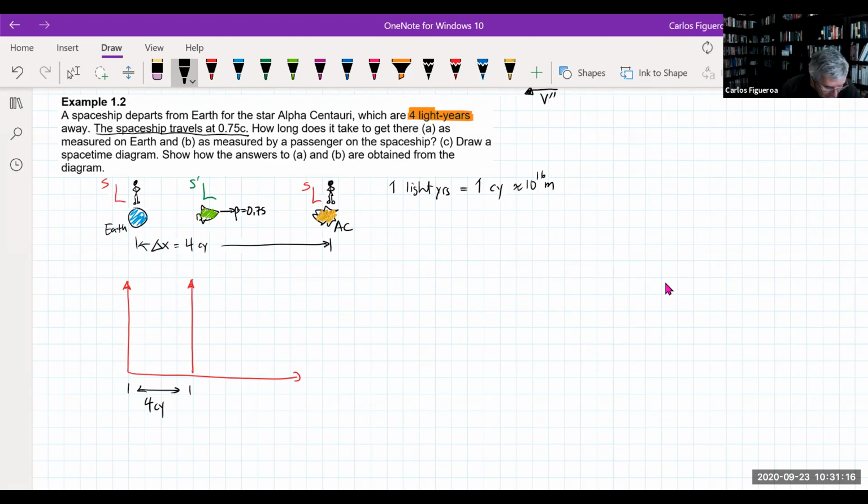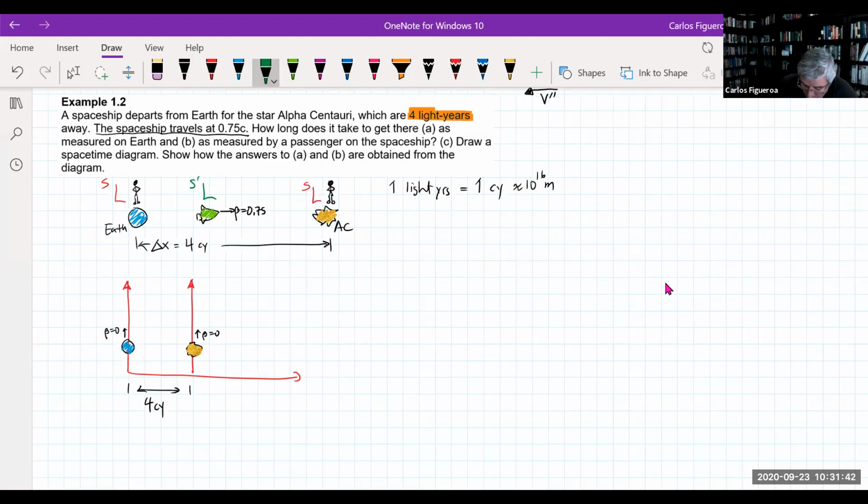Obviously the Earth and this guy are all moving relative to time, but not space. They're moving with beta equal to 0 as they go up. It is the rocket that is moving.